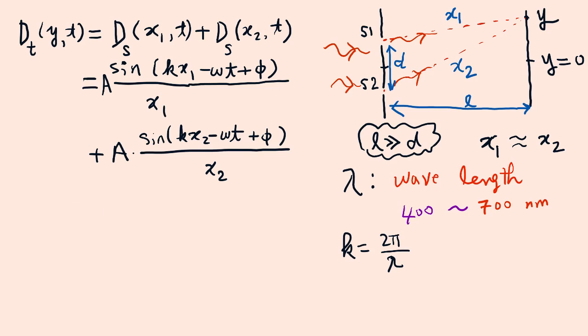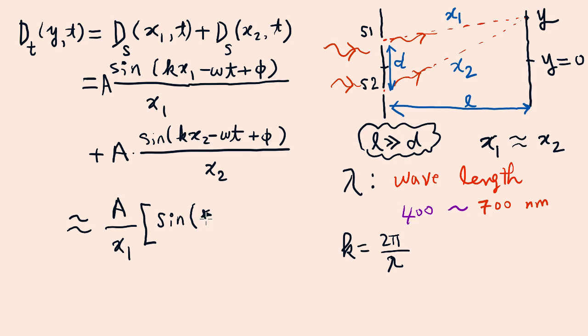So here's the deal. This quantity is A over x1. I'm going to just approximate this x2 with x1, and then factor out this A over x1. And so what you have left is sine of, let me use some notation here which will simplify.